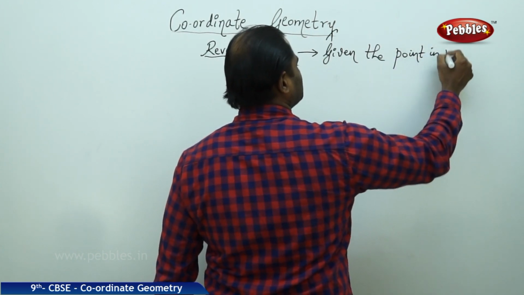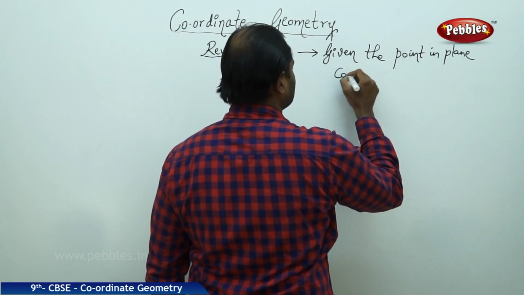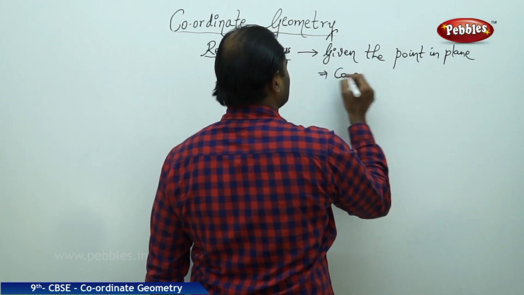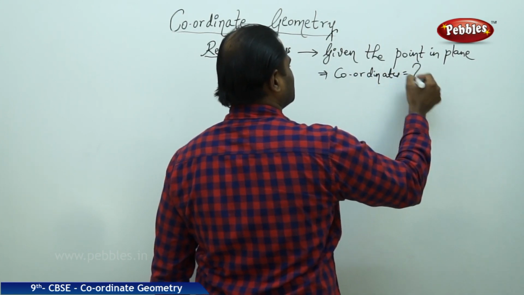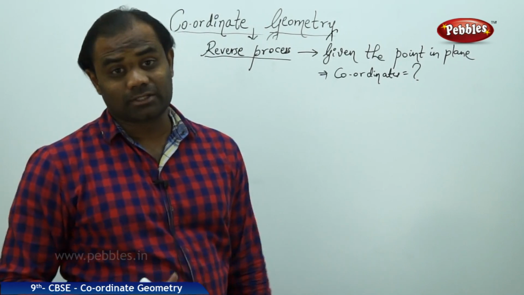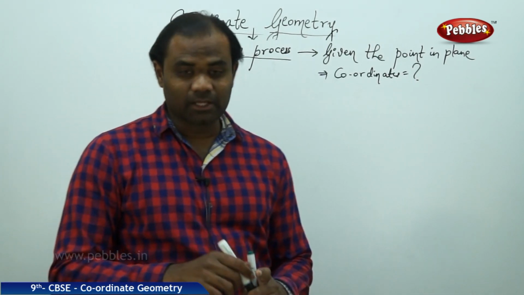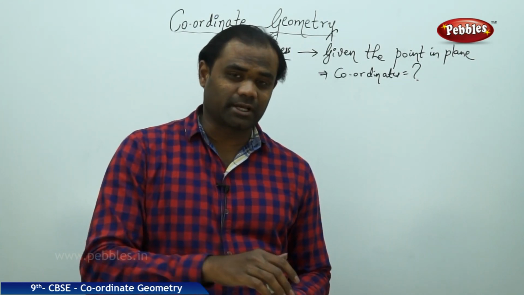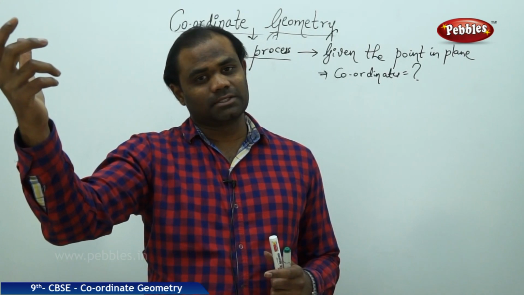Given the point in Cartesian plane implies, how do we identify its coordinates is what is called the reverse process, because in all the sessions we have discussed a point which is plotted on the Cartesian plane.